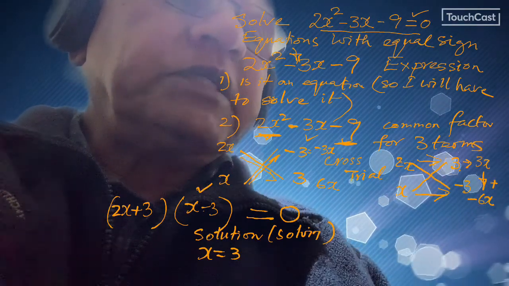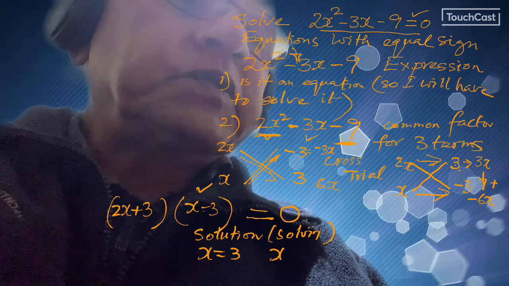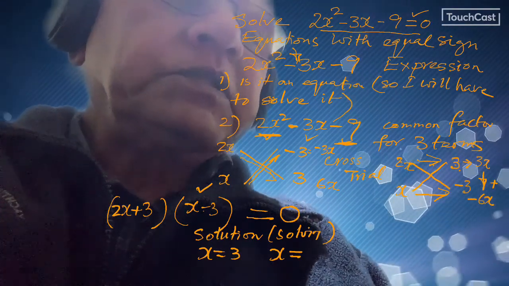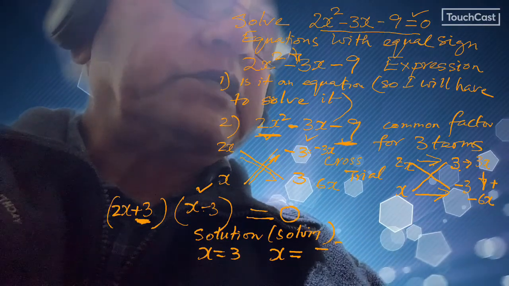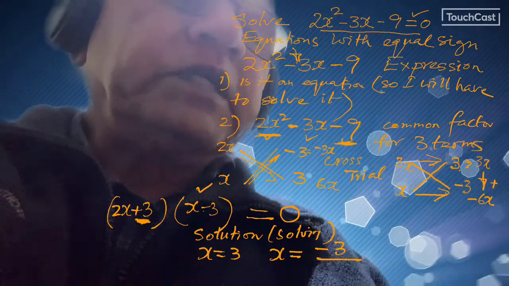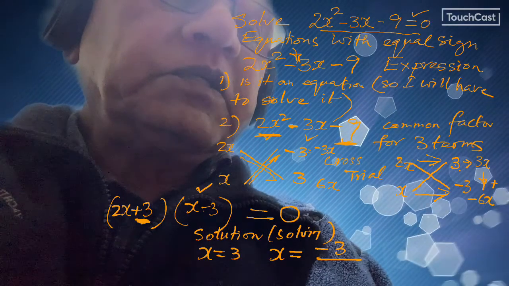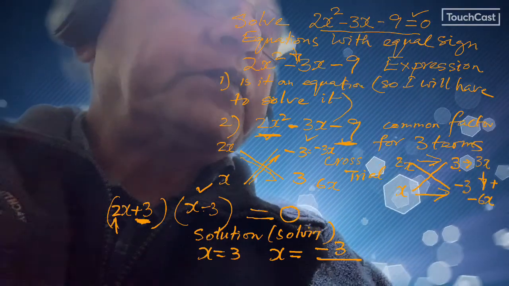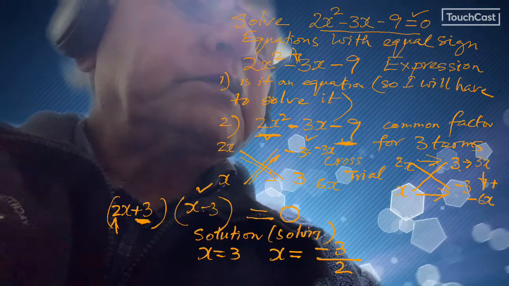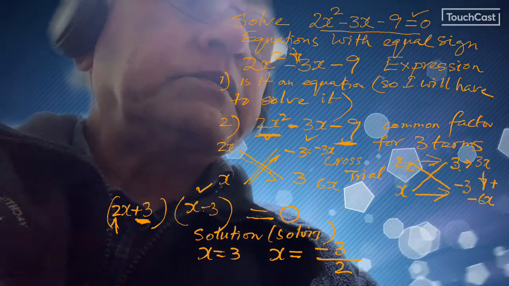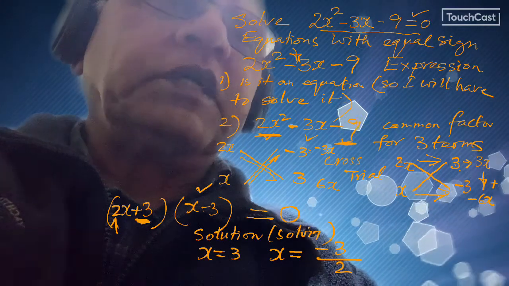And that one will give me x equals, take the opposite of positive 3, which is negative 3, over, I divide it by this number. And that's it. It's not hard at all.